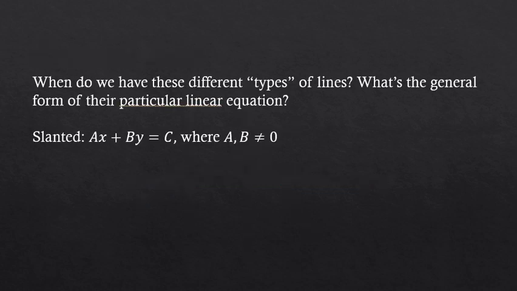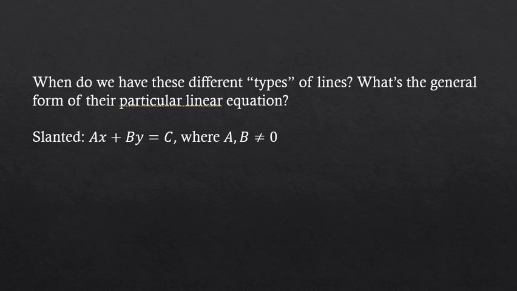So those are the 2 types of slanted lines that we can have, and they do follow that general form of ax plus by is equal to c, where a and b are not 0. Based on the combinations of a and b values that you have, you may get a positive slope and get something like line 1, or you may get a negative slope and something like line L2.